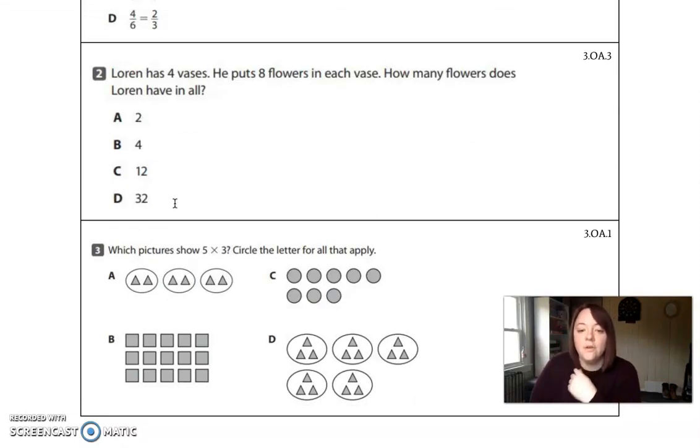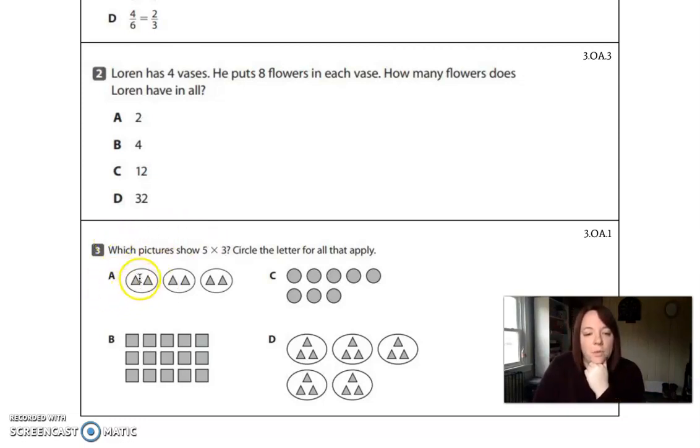Circle the letter for all that apply. So let's look. We know that if we have 5 times 3, it has to be something like 5 groups of 3, or 3 groups of 5, something like that, right? It can't be unequal. So let's take a look.